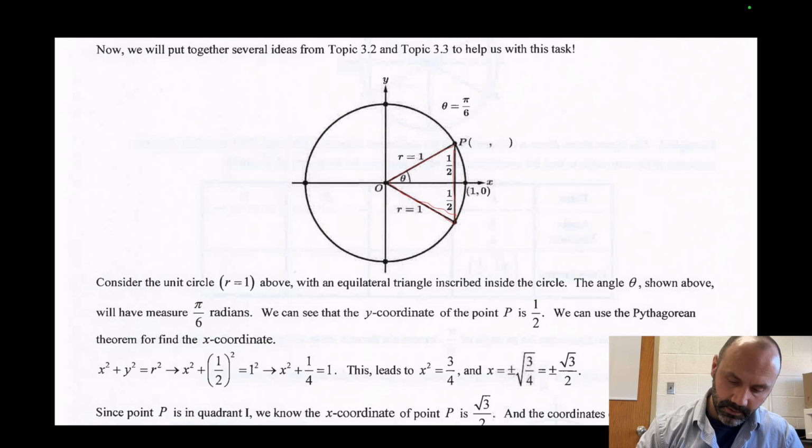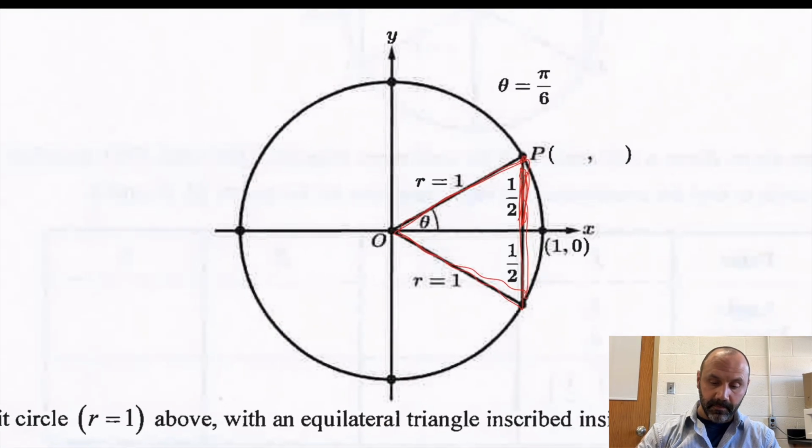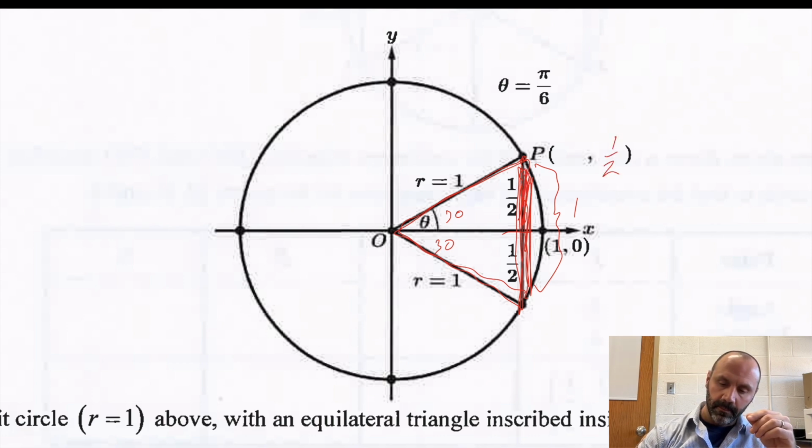Because this is an equilateral triangle, I know that this is 30, and this is 30. And I know then that the x-axis cuts this line in half. But I know that the length of this whole thing is 1 because it's an equilateral triangle. So then half of it is 1/2. So the y-coordinate is 1/2.